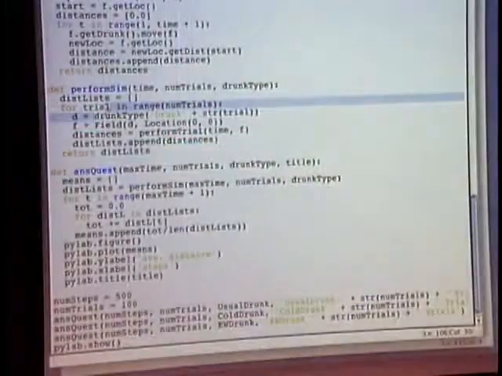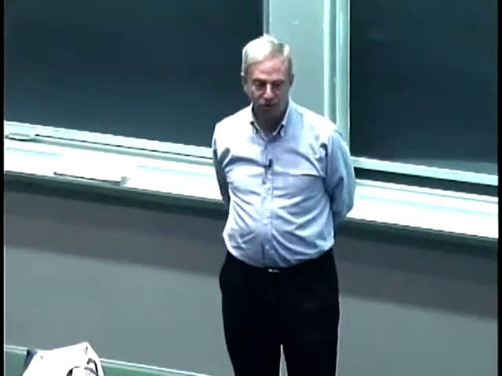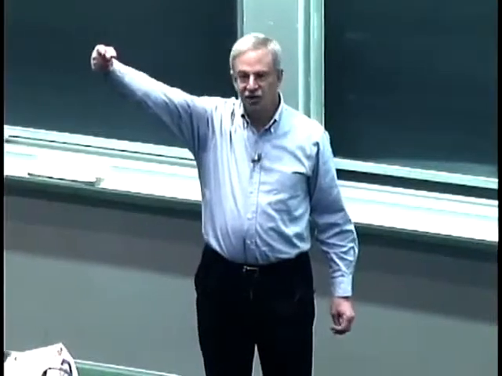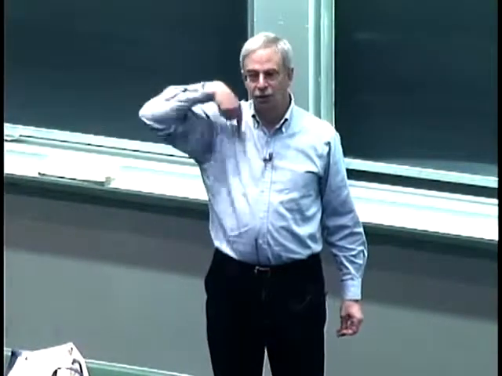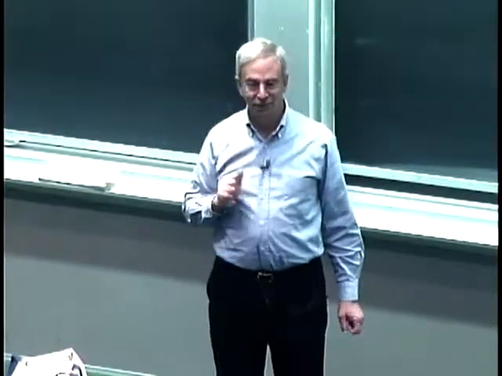So when I get up to here, it will take, depending on the variable drunk type, evaluate it. It will evaluate to a type, usual drunk, say, in the first call. And then it will, just as if I had written usual drunk, invoke the init method of drunk and create a new drunk.